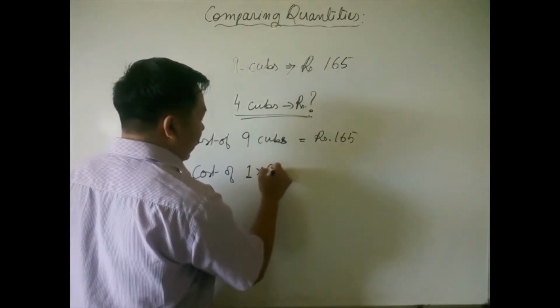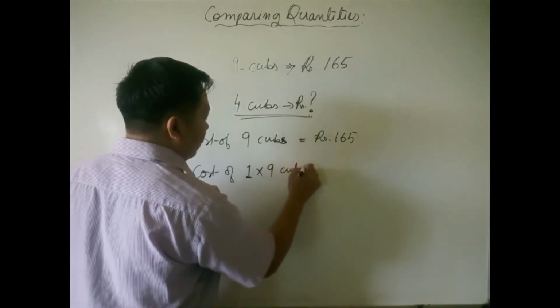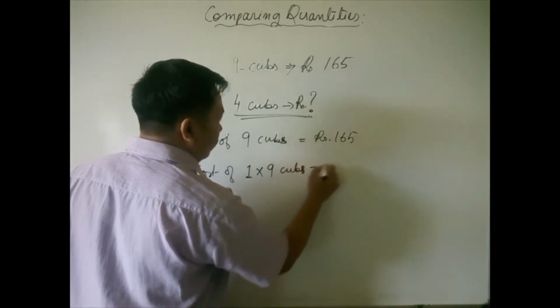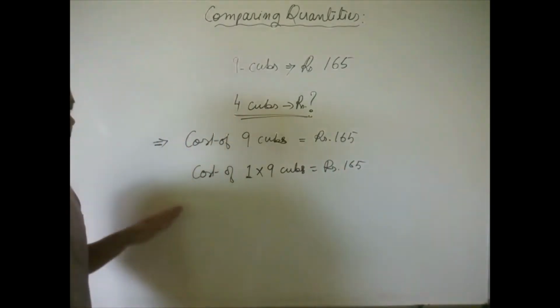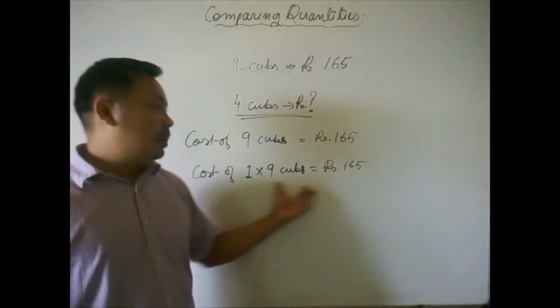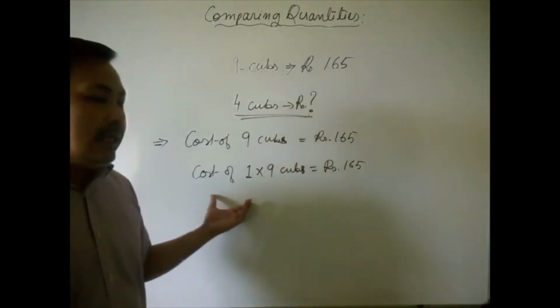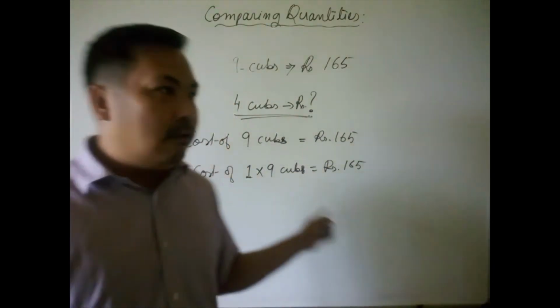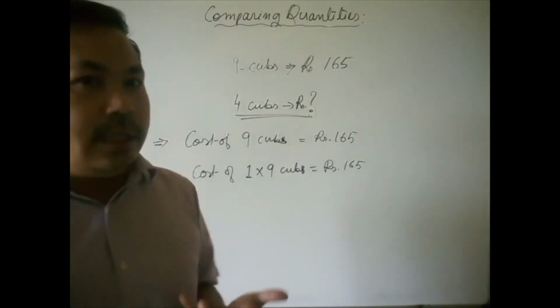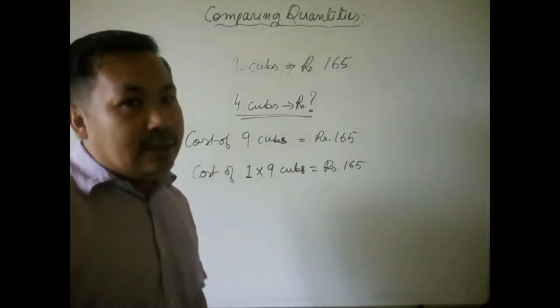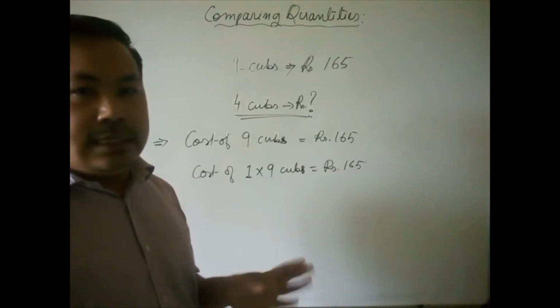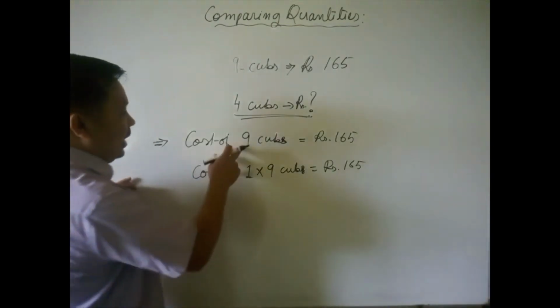If I write in this form, is there anything wrong? No, nothing is wrong. Just I made this 9 cups equal to rupees 165.